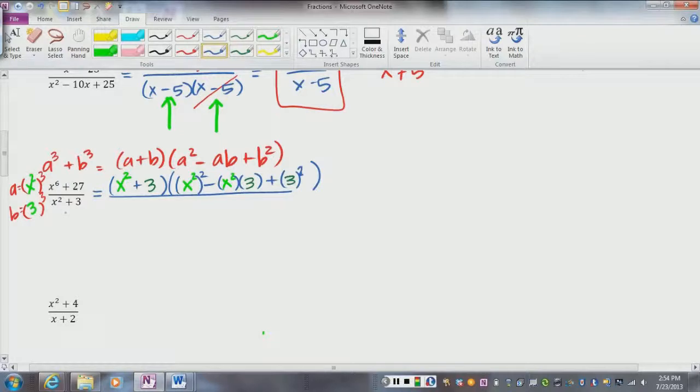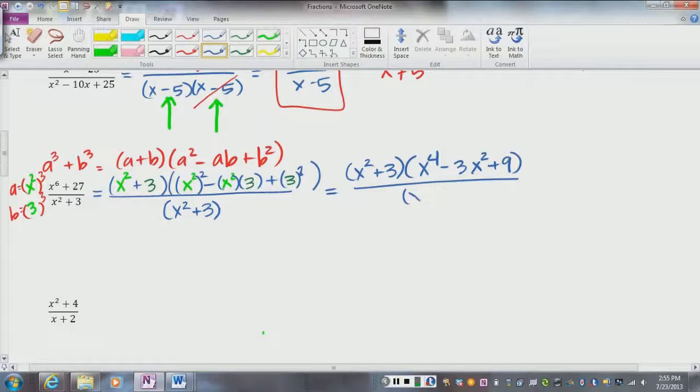The denominator, you might think that the denominator here is difference of squares, but it's not. Well, here's a square, but 3 is not a square. I can't really do anything with this, so I'm just going to leave it as is. So when I simplify this, I have x squared plus 3 times x to the fourth minus 3x squared plus 9 over x squared plus 3.